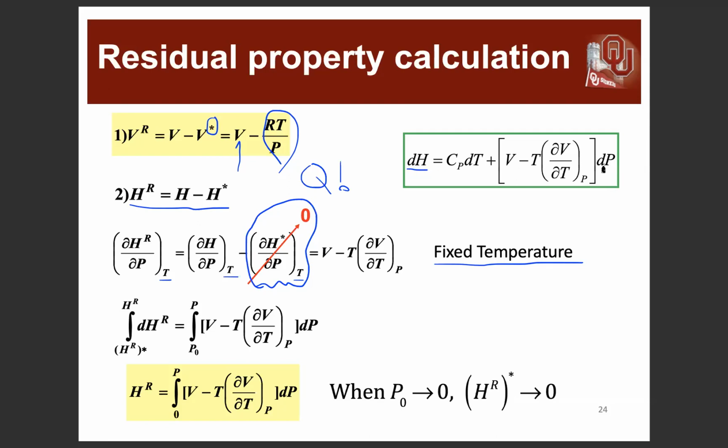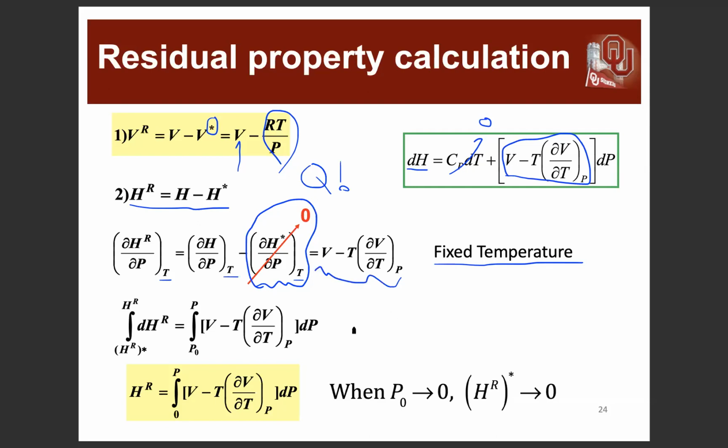If I manipulate it to get the dH over dP term keeping temperature fixed, I divide both sides by dP and keep temperature fixed. If temperature is fixed, then this term goes to 0. That term goes away. Then dH over dP at a fixed temperature would be simply V minus T times dV over dT. So that is the term.